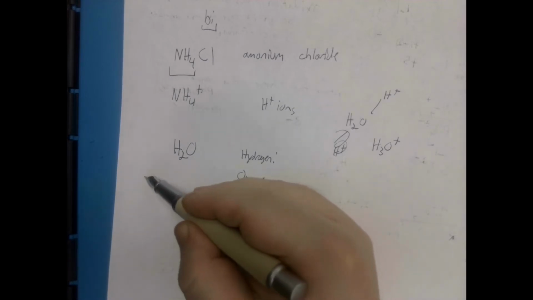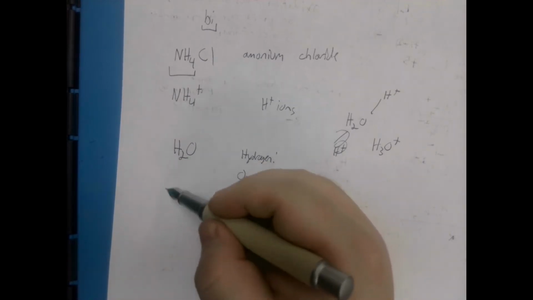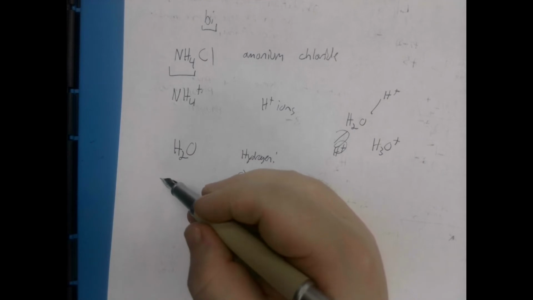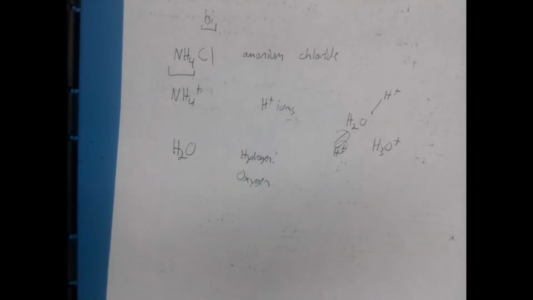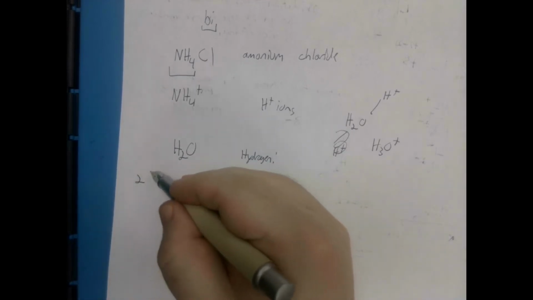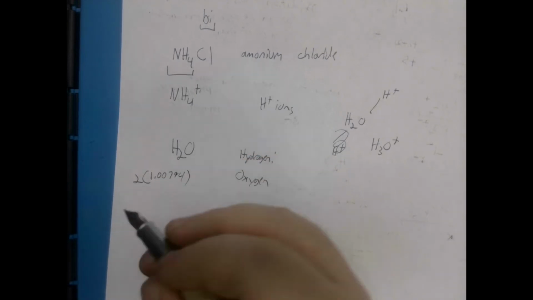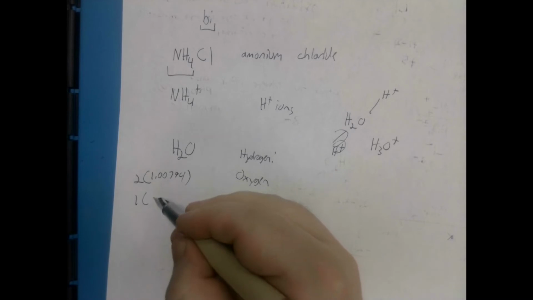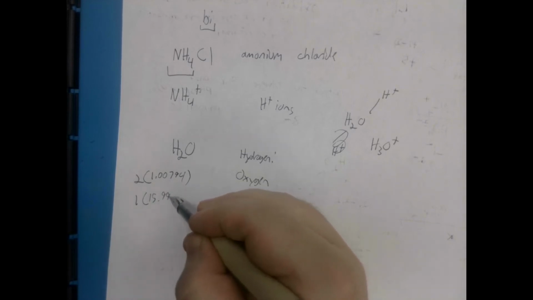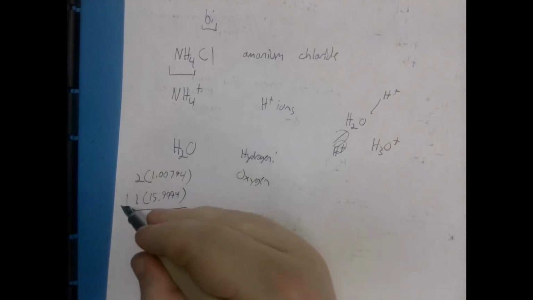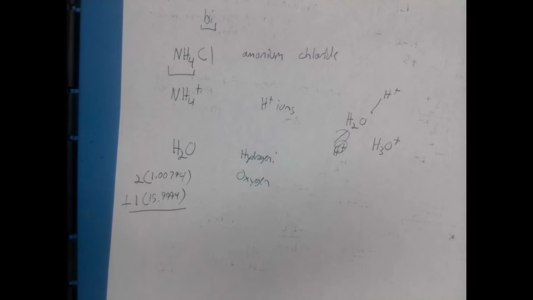So the total, I'm just going around, well, I can look it up. I have it right here. So there are two hydrogen, 1.00794. There is one oxygen, which is 15.9994. So the total molecular weight of that is about 18.